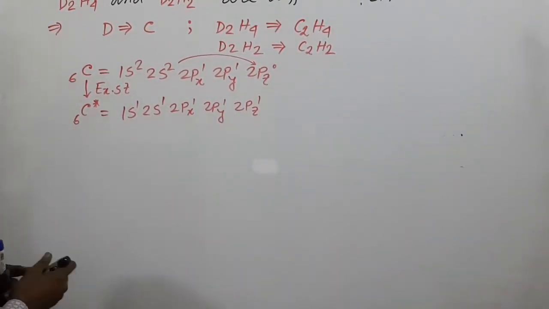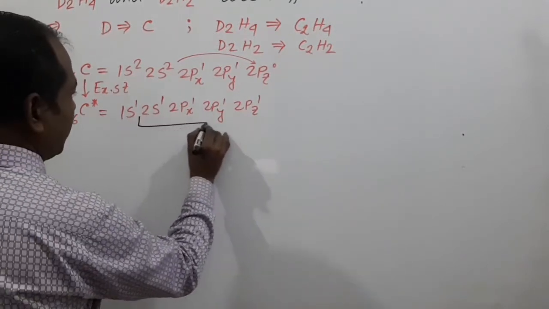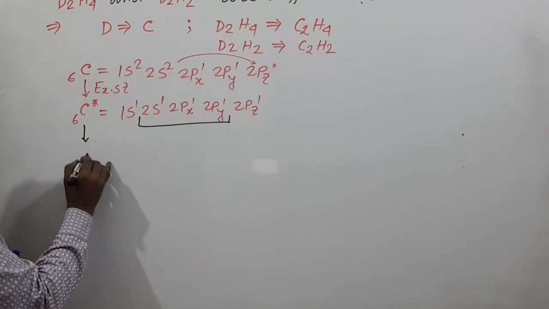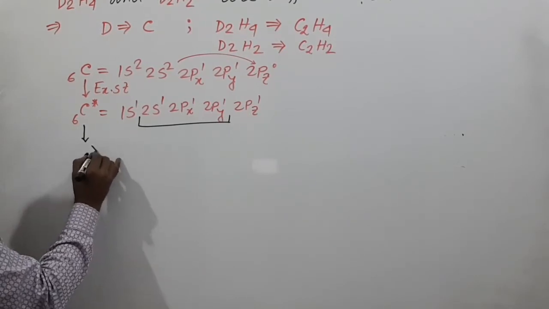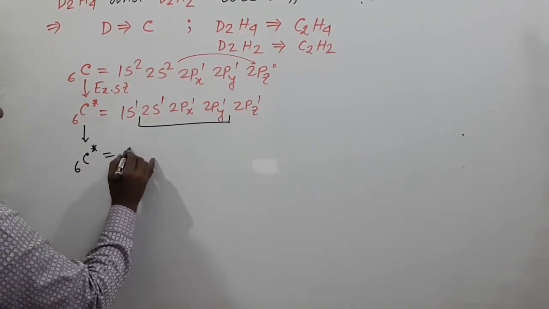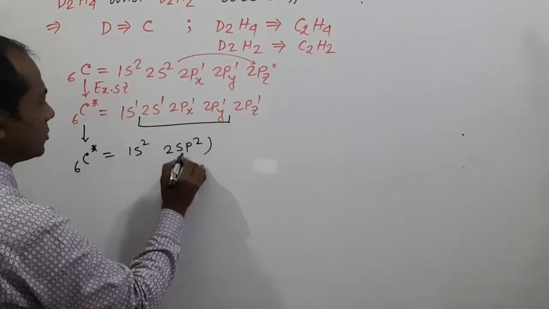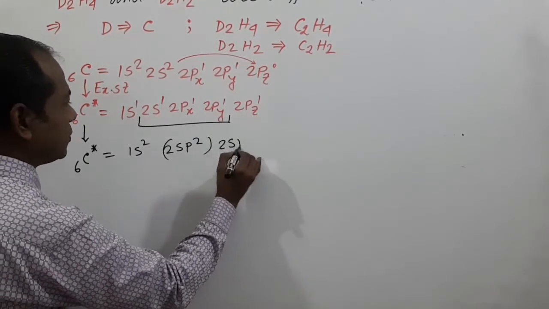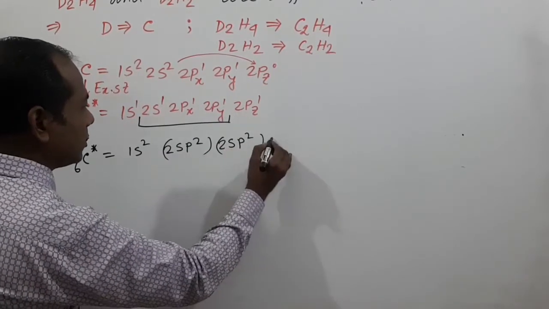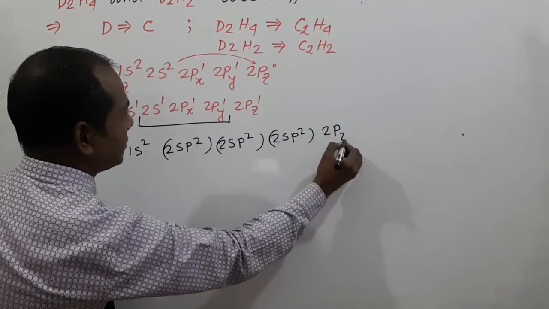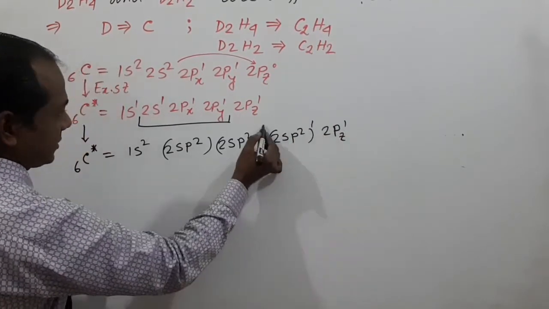So here 2s and 2p orbital mixed up together, and they form 3 identical sp2 hybrid orbitals. My dear students, 1s2, 2sp2, 2sp2, 2sp2, and here a non-hybrid pz orbital exists.